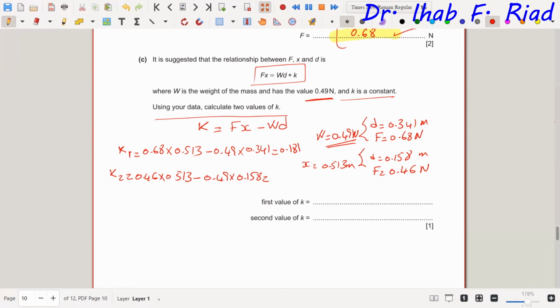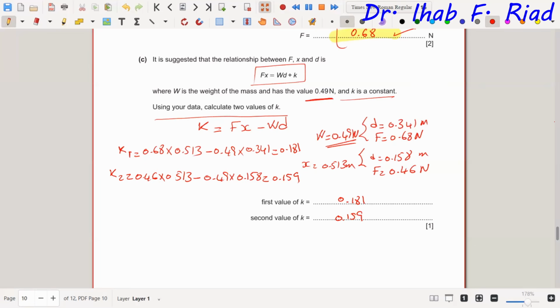What we are going to get? 0.159. So we get 0.181 and again another value, 0.159. Are we done with the values of K?